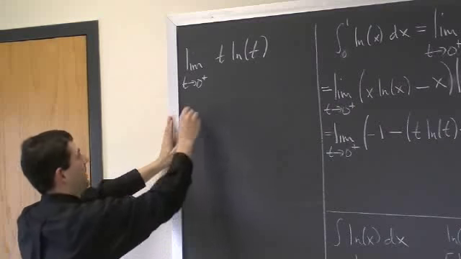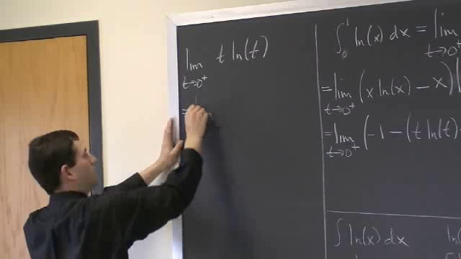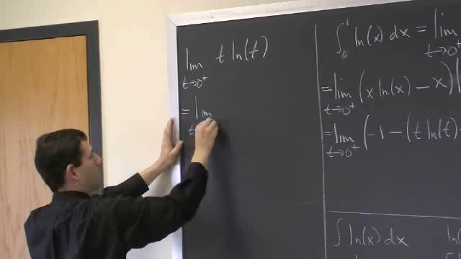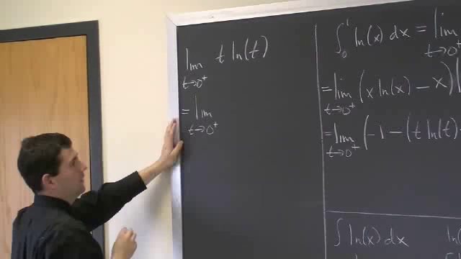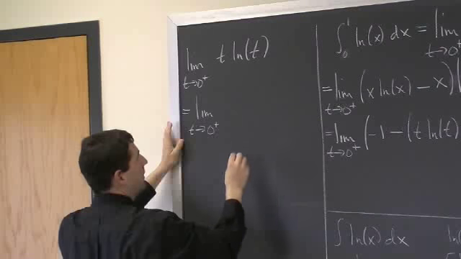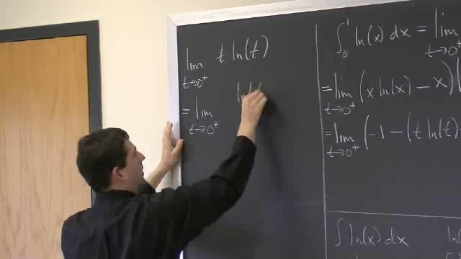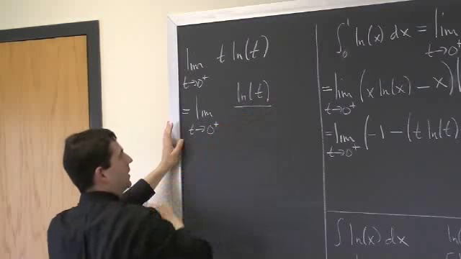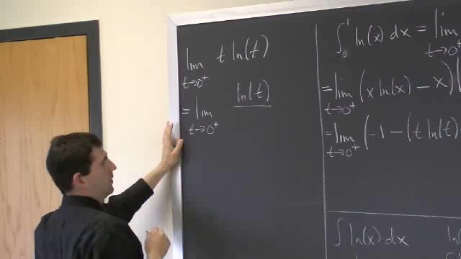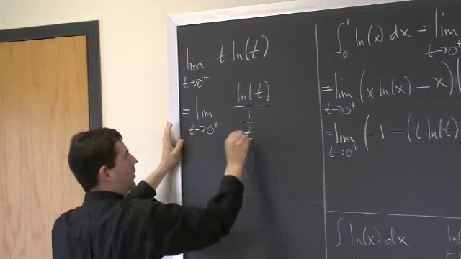So the way that I fix this is by what? Well, I can write this as, say, ln of t over 1 over t.